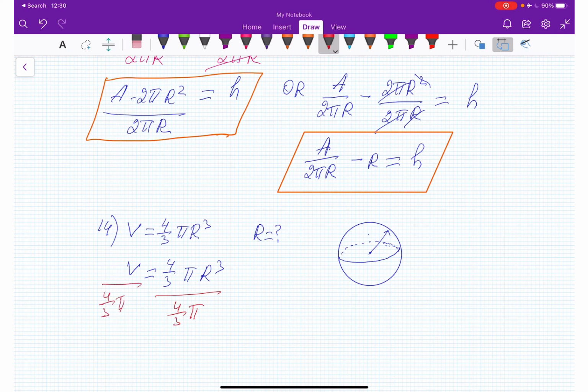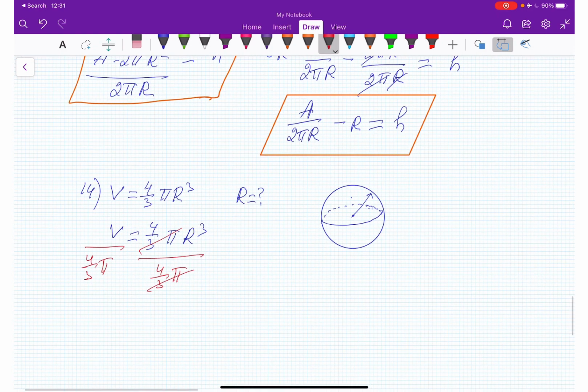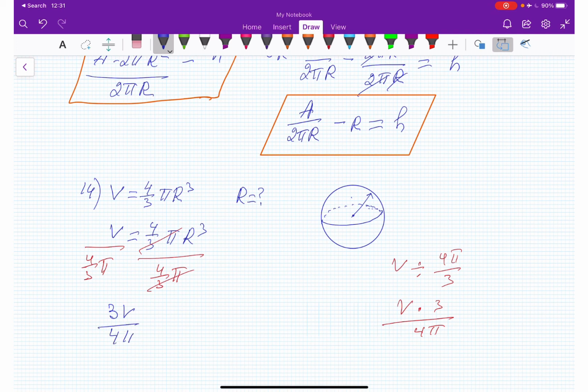So this is gone with this. And I have V divided by 4 pi over 3. That is equal to V times 3 over 4 pi. And that will be 3V over 4 pi is equal to r cubed.